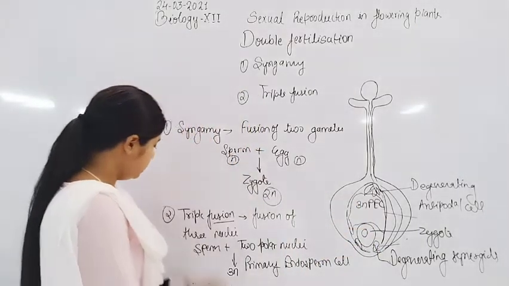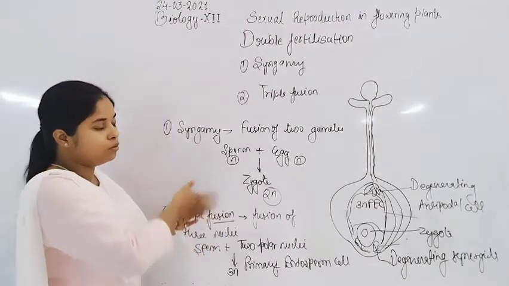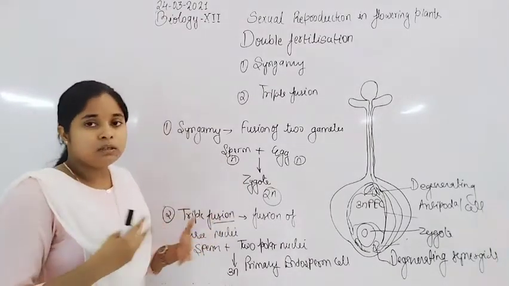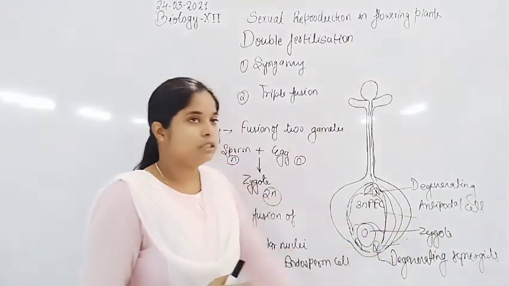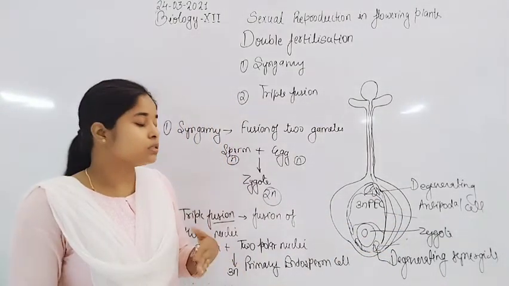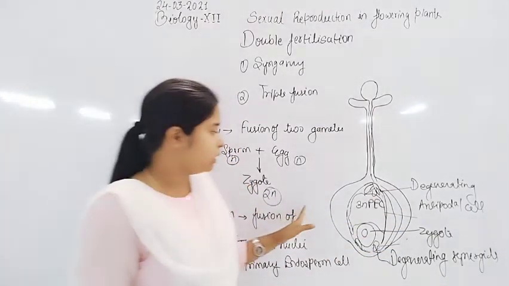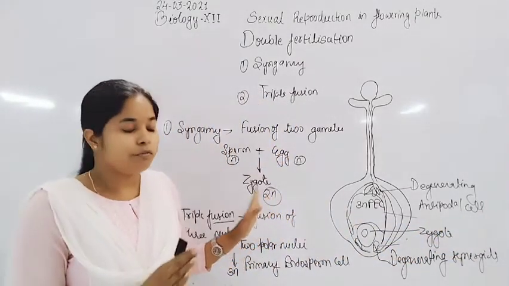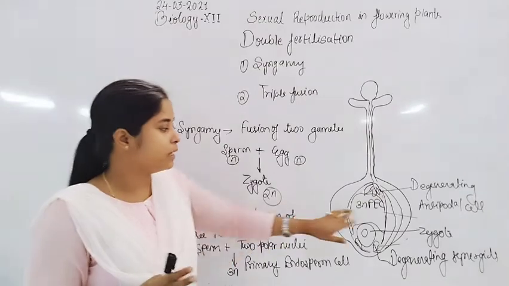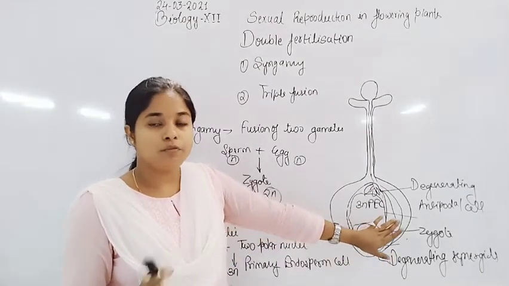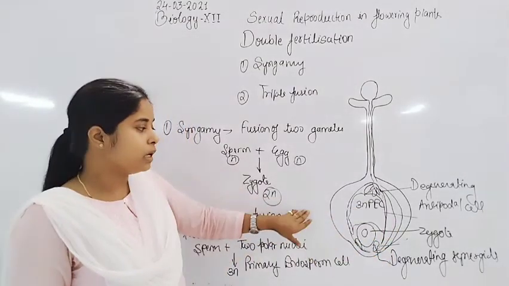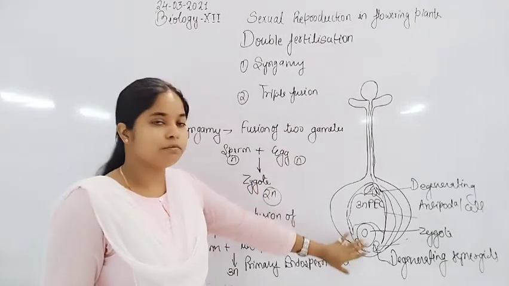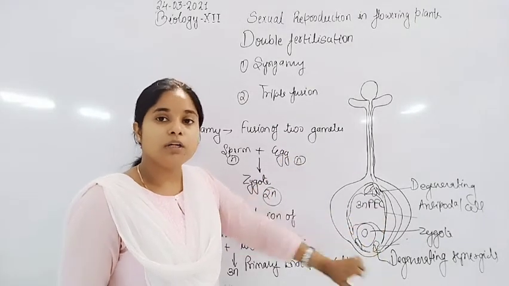Now we come to the next topic. After fertilization, what is the main result? The zygote is formed, and the primary endosperm cell forms when the sperm fuses with the egg and the other sperm fuses with the polar nuclei.